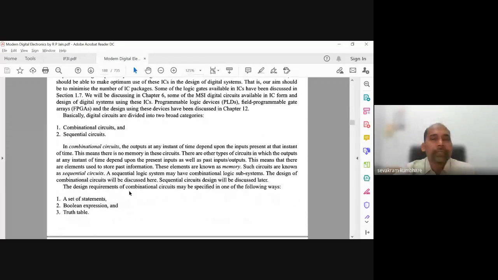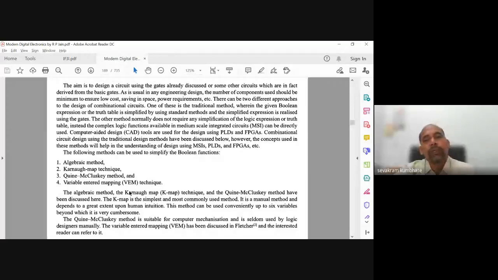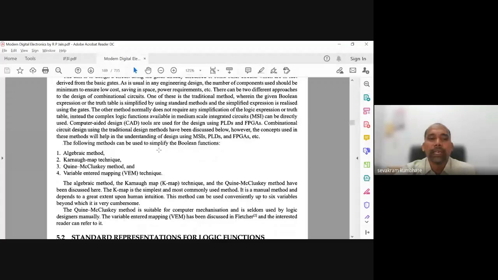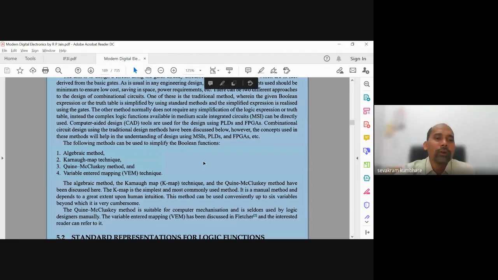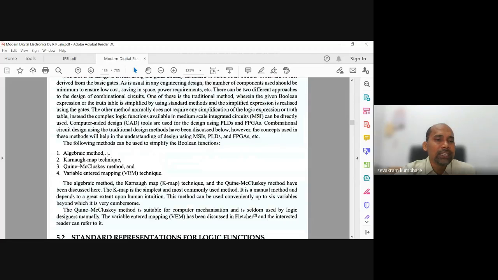Now the next is, we can simplify Boolean functions with multiple techniques. There are 4 techniques: the algebraic method, the Karnaugh map technique, the Quine-McCluskey method, and the variable entered mapping method, the VEM technique. Out of these 4, we have already seen the algebraic method, where we reduced or simplified the given Boolean expression into its simplified version.